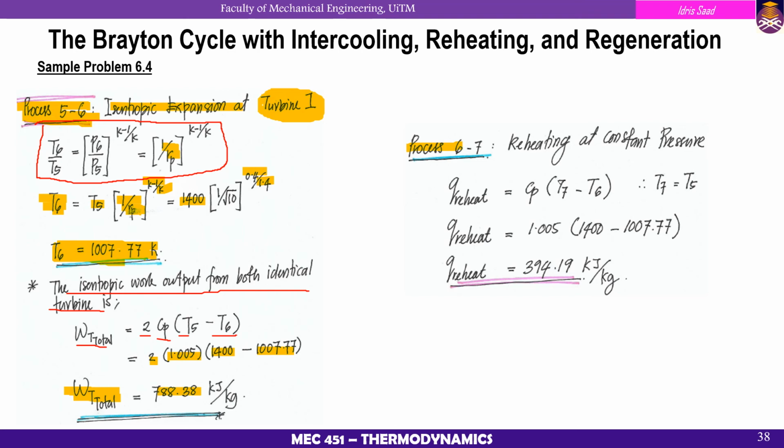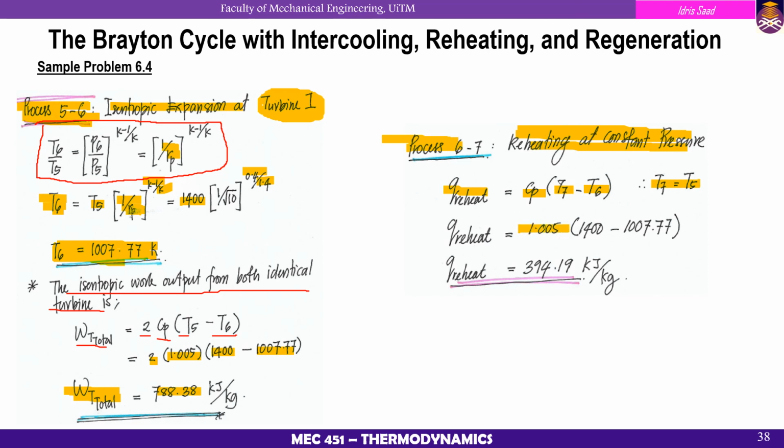Next we can proceed to process 6 to 7. Process 6 to 7 is basically reheating at constant pressure. What we have here is Q reheat equal to Cp (T7 minus T6). Reheating is actually similar to the heat input. We know that T7 is equal to T5, so we substitute the values.